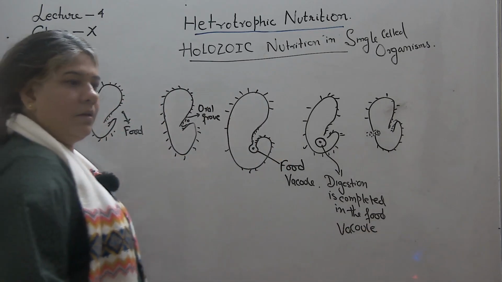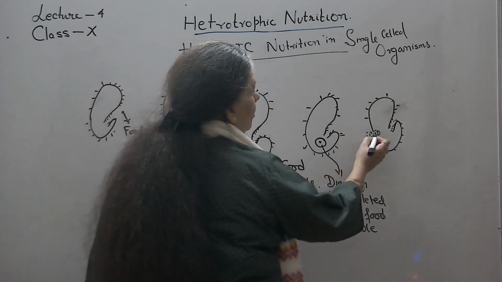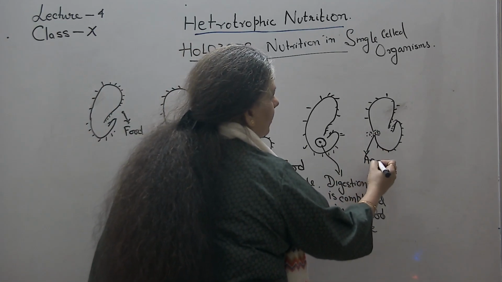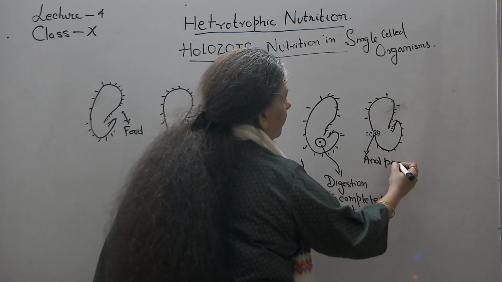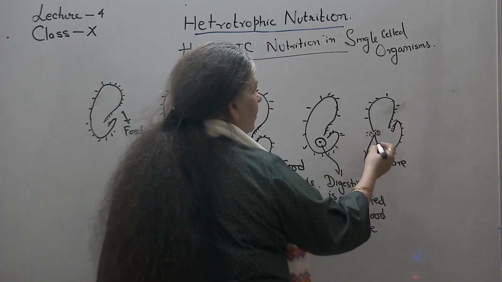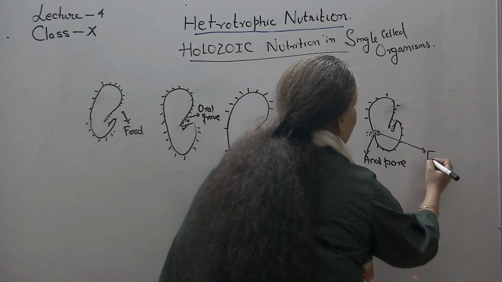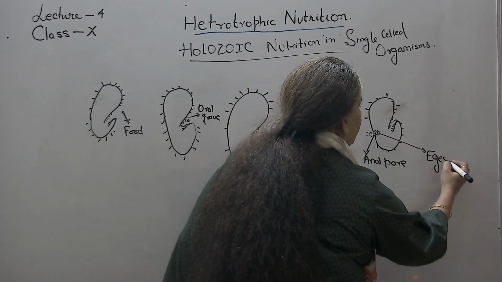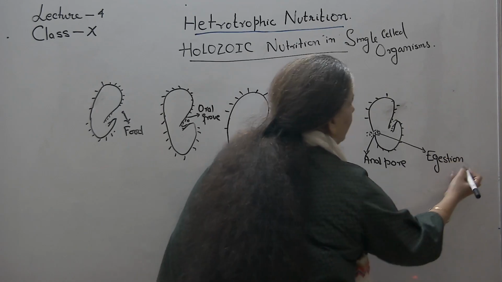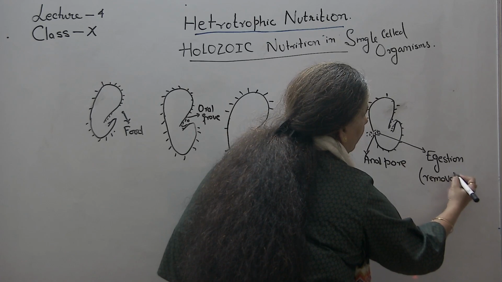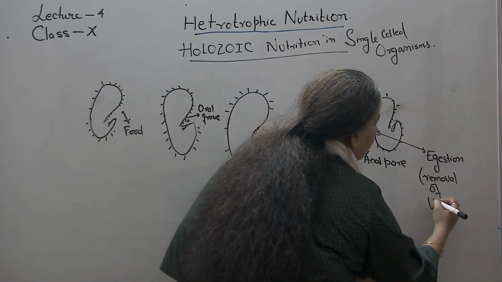And it is eliminated through this spot, which is called the anal pore. And this is egestion, the removal of undigested food.